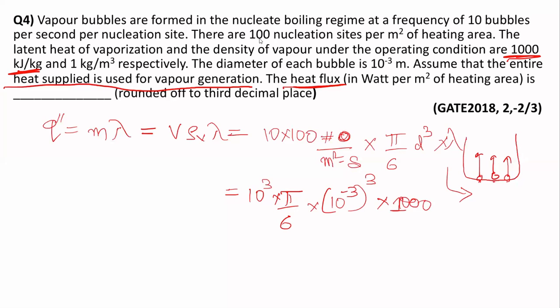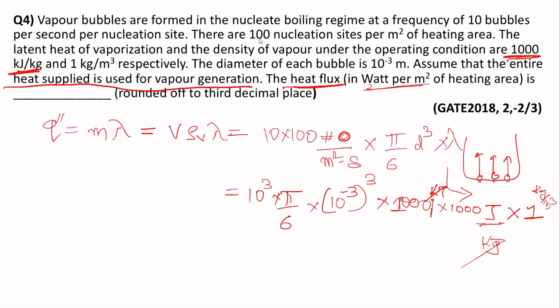We are asked everything in watt per meter square, so I need to multiply this by 1000 joule per kilojoule, and this value was in kilojoule, so both cancel out. Times density, which is 1, and this unit is kg per meter cube.